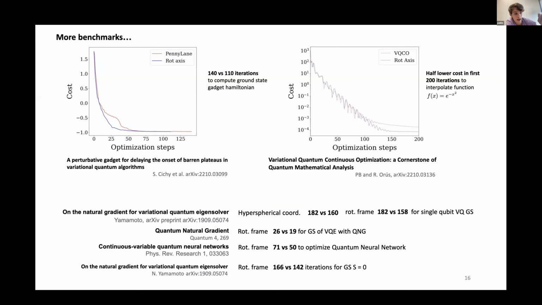Again, when I say improvement, I mean better convergence, in terms of the number of iterations or steps to achieve a certain value of your cost, for example, or a lower cost function.